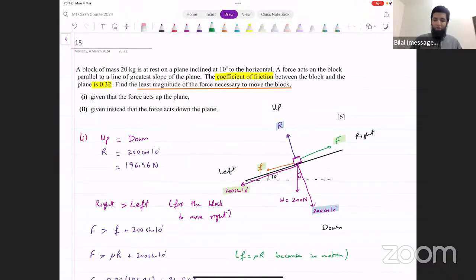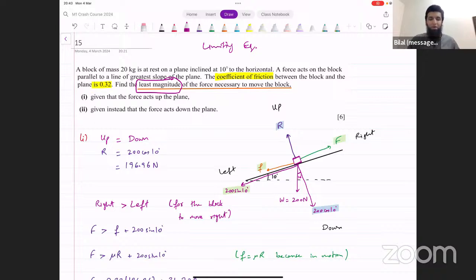Whenever you have friction involved and you're looking for the least value of a force or sometimes the greatest value of a force, you think of this limiting equilibrium case, because that is the cutoff point for the object to remain in equilibrium or to just start moving. Limiting equilibrium is that extreme point.